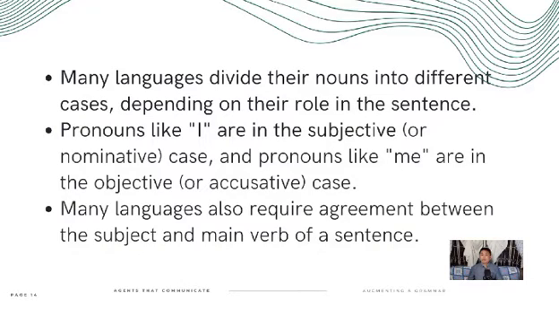Many languages divide their nouns into different cases depending on the role in the sentence. Pronouns like I are in the subjective or the nominative case, and pronouns like me are in the objective or the accusative case. Many languages also require an agreement between the subject and the main verb of a sentence. That is what we call the subject-verb agreement.